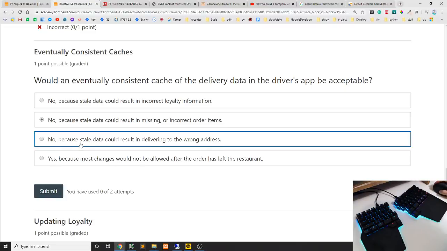No, because stale data could result in delivering to the wrong address.